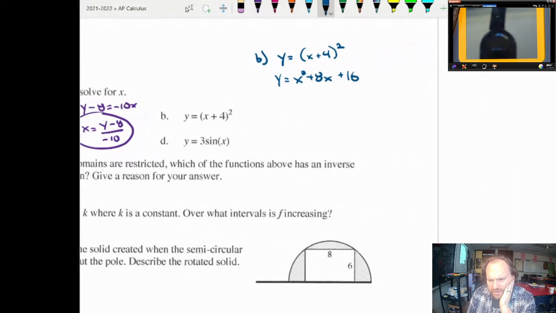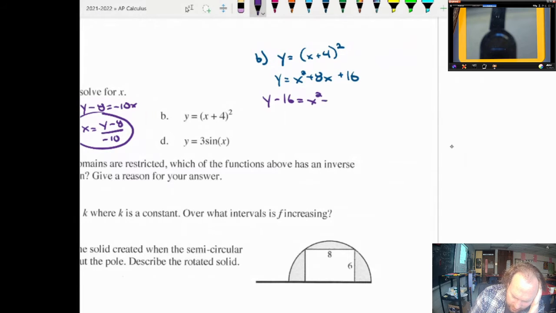Now, in order to get x by itself, that's going to be pretty difficult to do the more I think about it. A really common trick we can do in these cases is to get all the x's by themselves. y minus 16 would be equal to x squared plus 8x. And then we could factor an x out on the left side, x times x plus 8.